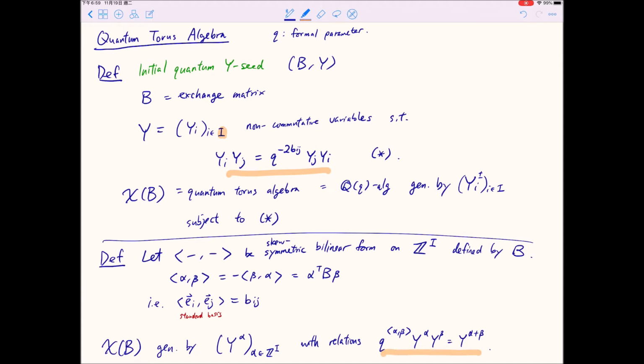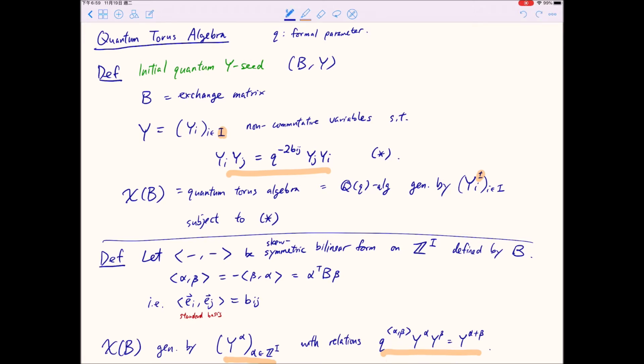This is a much more redundant set of generators because you have many more relations between them, but otherwise they are equivalent. So instead of saying plus or minus, and having finite products of these generators, now you just consider the whole lattice spanned by them and all the possible relations between those generators.